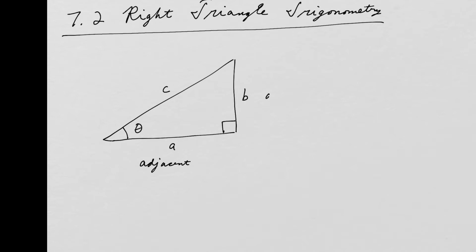B is opposite. And then C is the hypotenuse. So the hypotenuse is always the longest side or the side opposite the right angle.